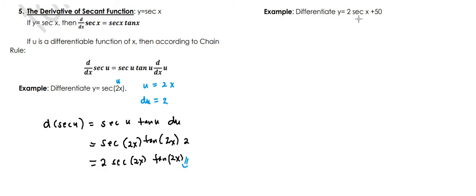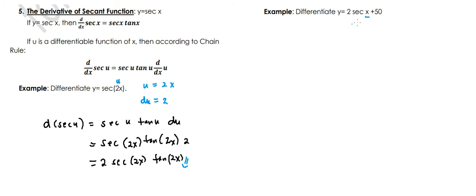Let's differentiate y equals 2 secant x plus 50. Okay, so as you can see here, we have 50, so automatically this will become 0 because it is a constant, no? So, we don't have a u here because our secant has only x. It is not a function that needs the chain rule.